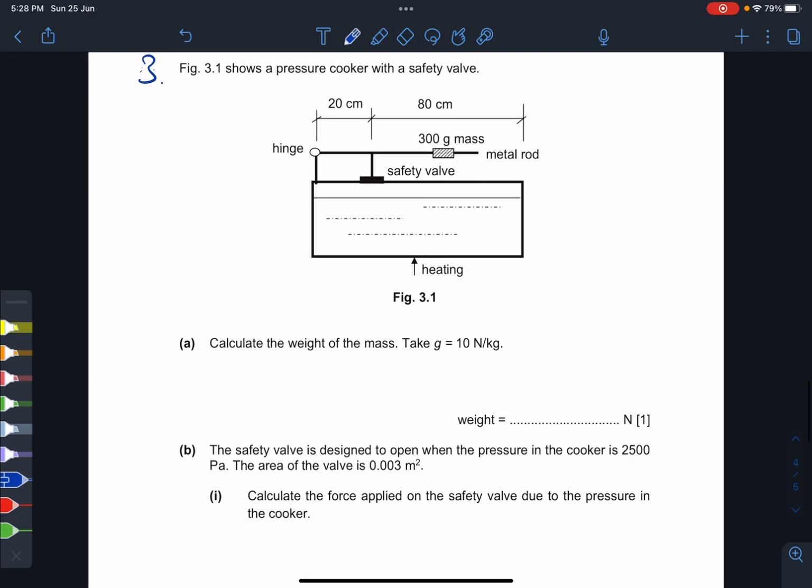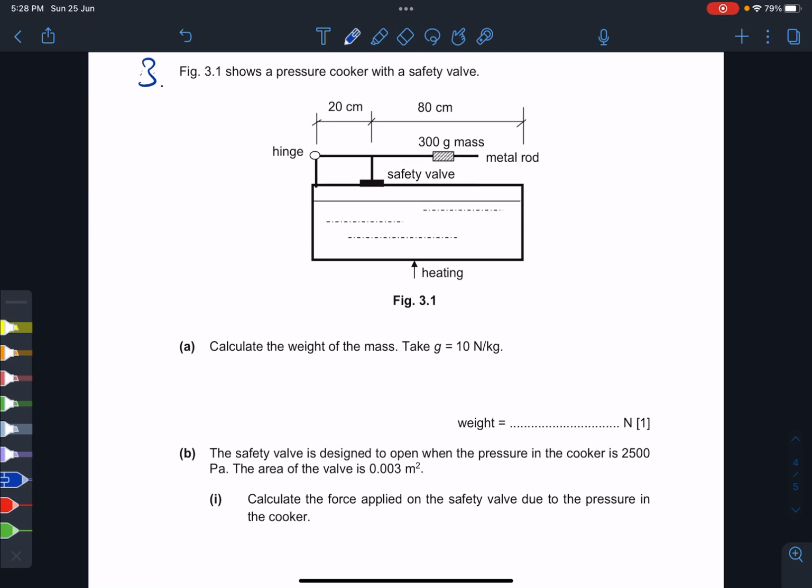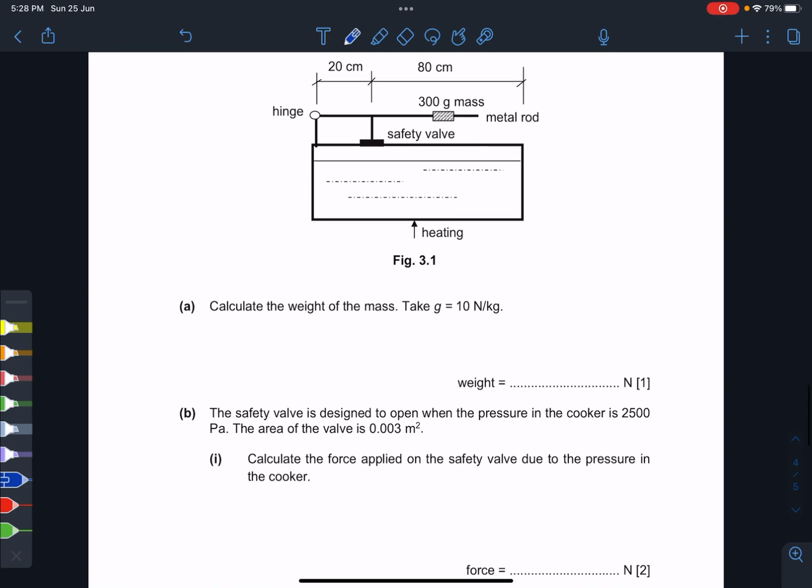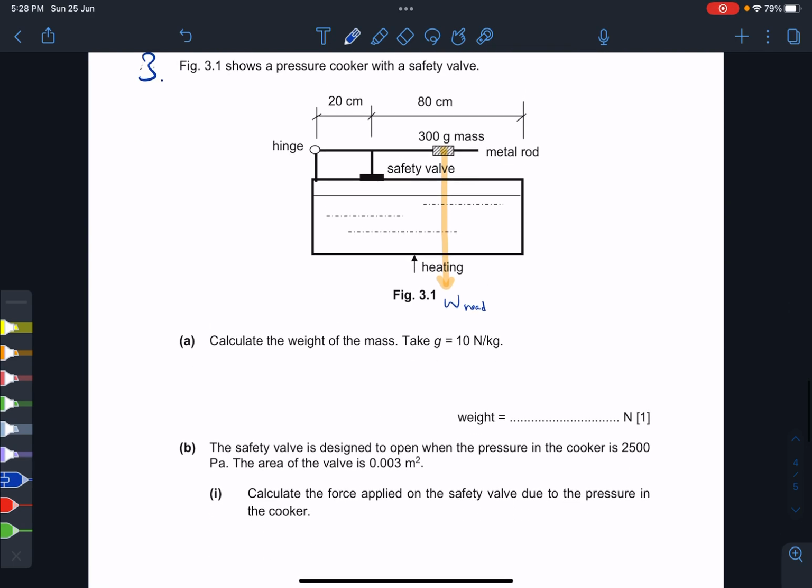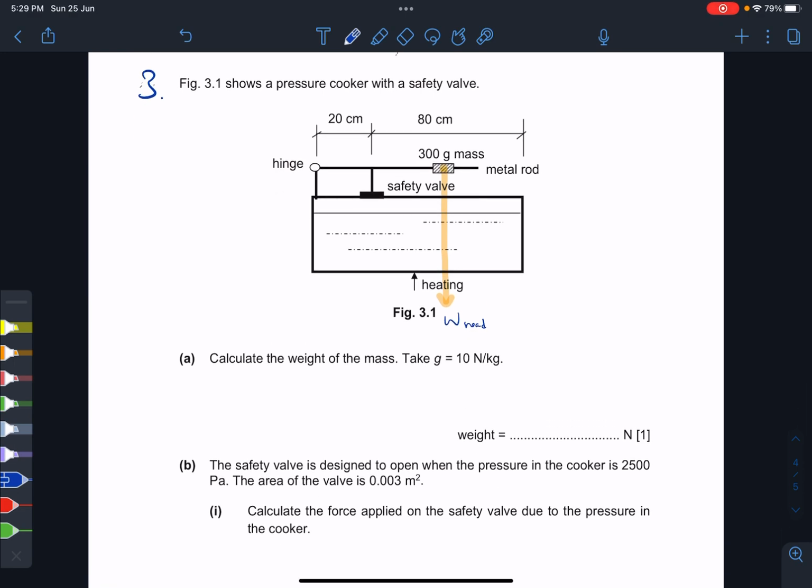Okay, last question. Moments. Sure, let's take a look. Before you do, you can figure out what are the forces present. There are essentially two forces. First is the weight of the metal rod. Oh, sorry, that's 300 gram, my mistake.